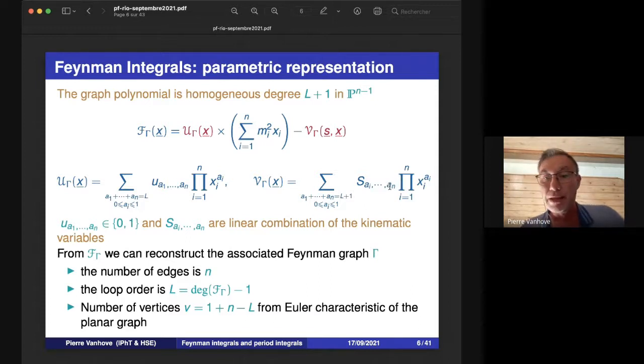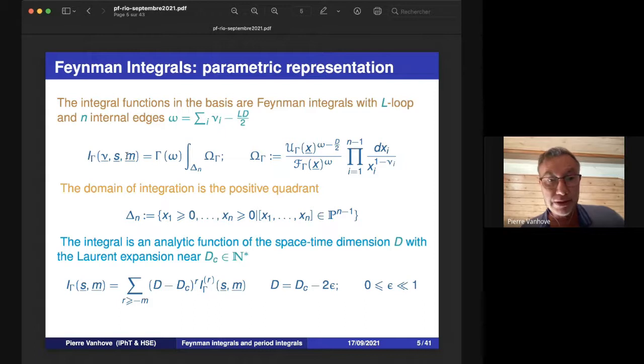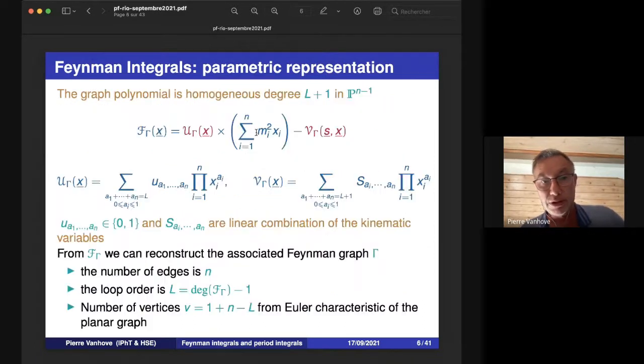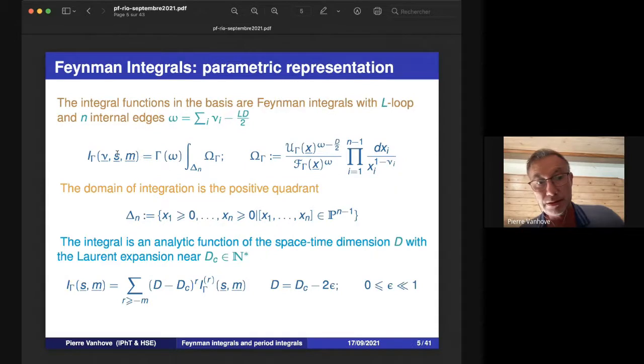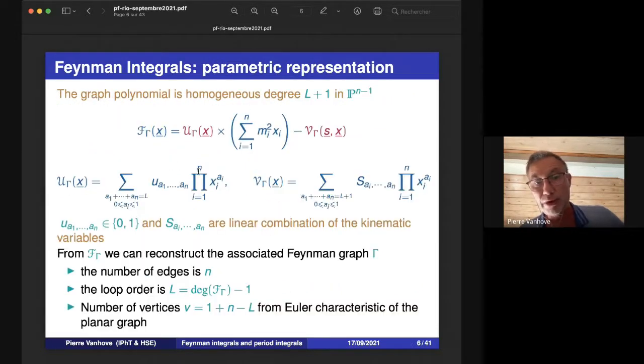At the end of the day, your integral is a function of these mass parameters that are linear in that piece, and all the variables that are here. When these variables vary, you want to understand how the integral varies. In particular, you want to understand what differential equation the integral satisfies when I vary these parameters.